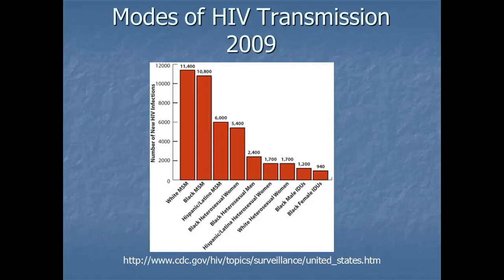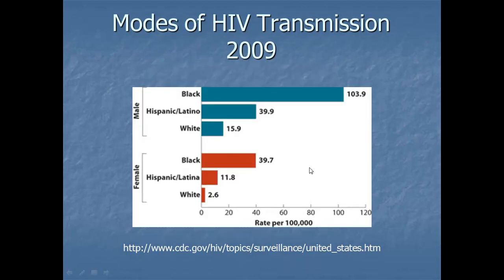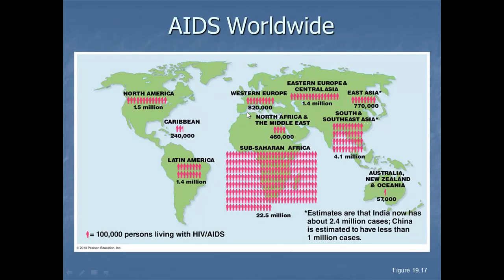These are just some statistics from 2009 showing you the levels of HIV infections, the incidence. So the number of HIV infections is high in MSM, men having sex with men, so white and black, and then it goes onward. Of course, the levels of HIV transmission are much higher in African American males, okay, and then Hispanics going down.